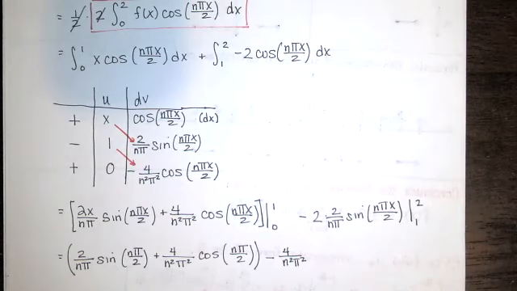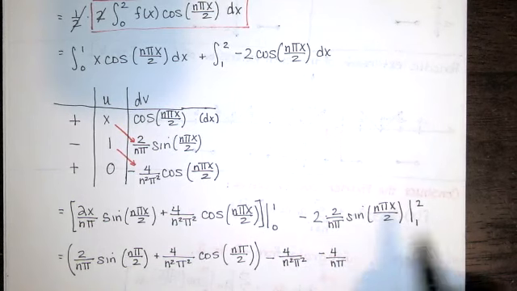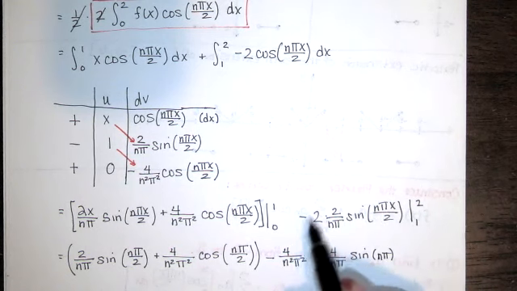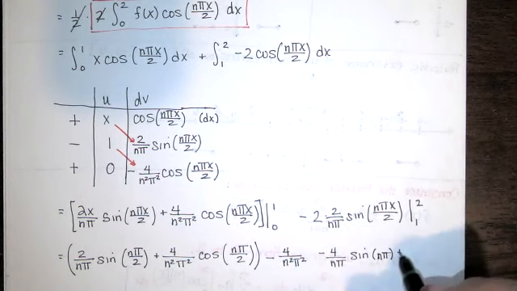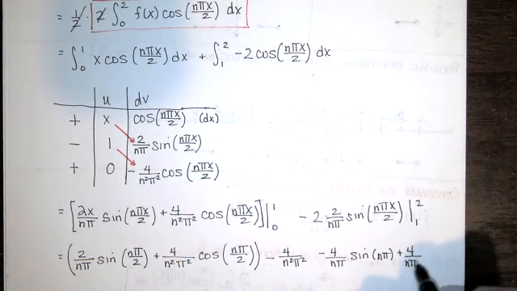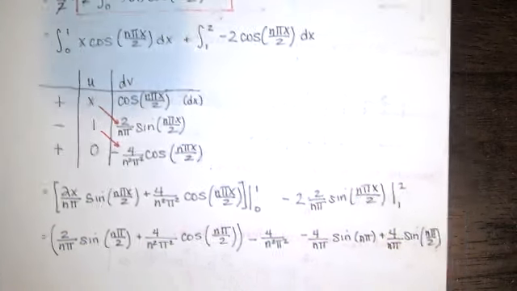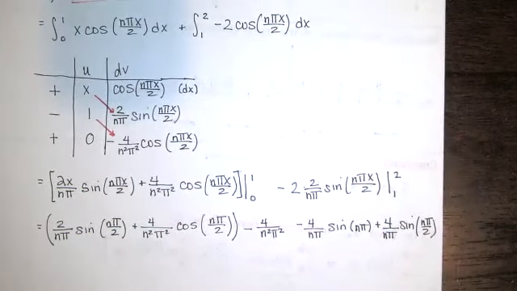Then if we evaluate this at x equals 2, we've got sine of n pi. And if we evaluate this expression at x equals 1 and subtract, we're subtracting a negative 4 over n pi. So it's going to be positive 4 over n pi. And then we've got a sine of n pi over 2 there. And then we simplify wherever we can.